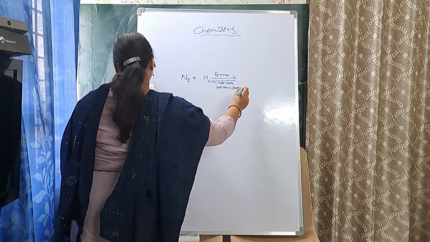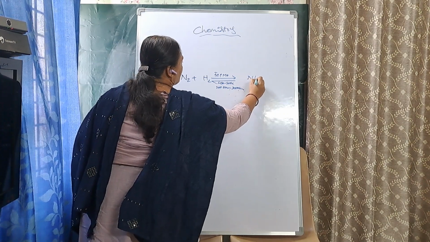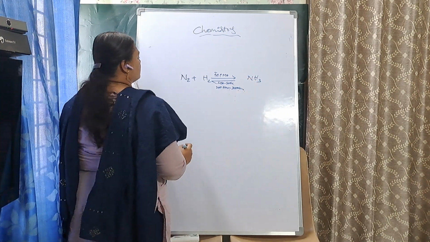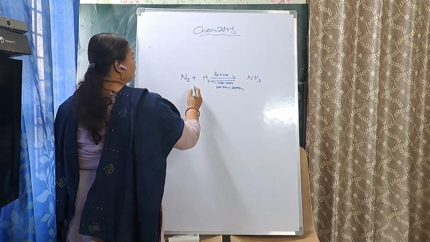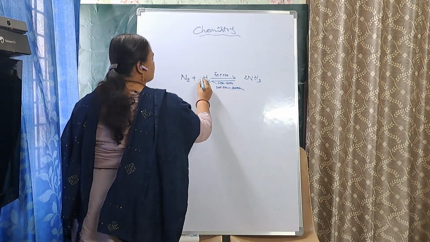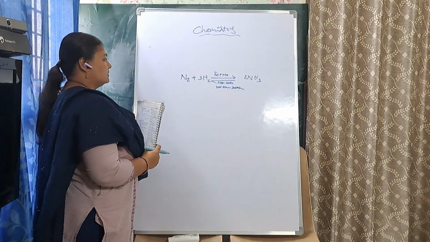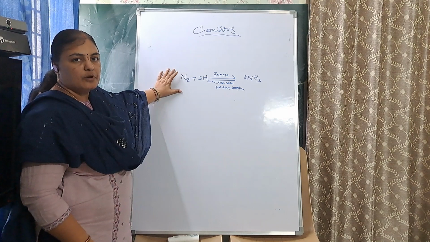So by that we will get ammonia. So this is Haber process.